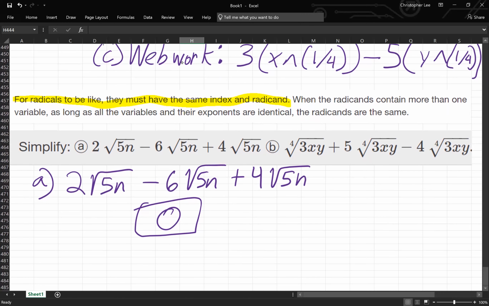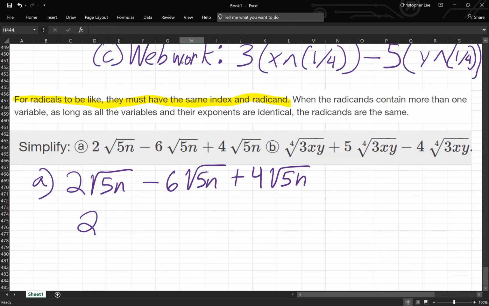All right, so look, they have the same radicand, and the same index. So all I'm doing is dealing with the coefficient, the number that's in front.